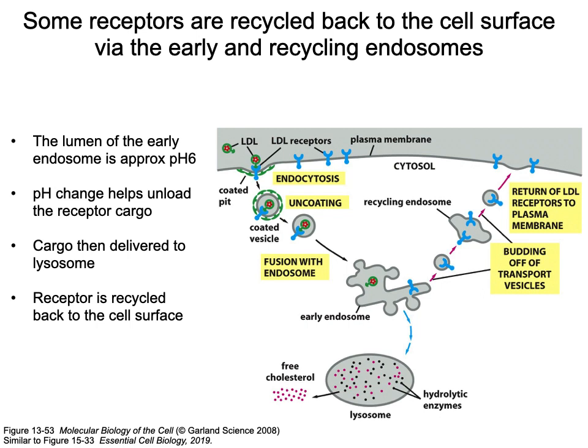It hasn't fused with the lysosome yet. So this is the point at which, if receptors are going to be recycled, they need to be returned to the plasma membrane. So this is where we can get budding off of vesicles so that they can undergo basically exocytosis and return to the surface.